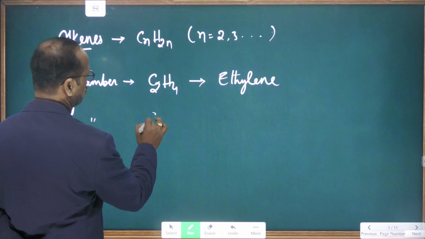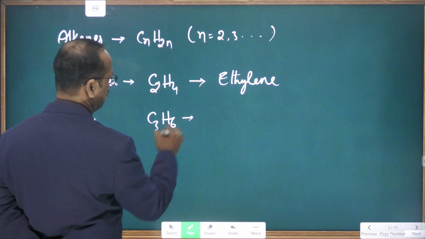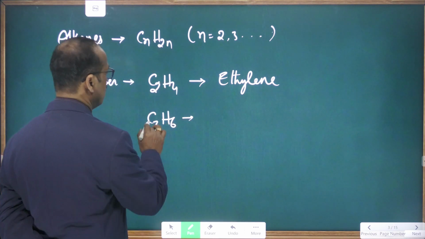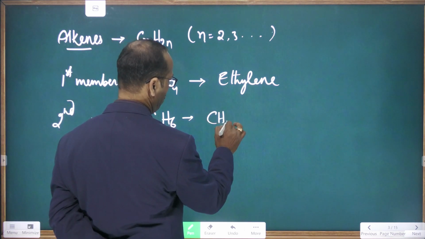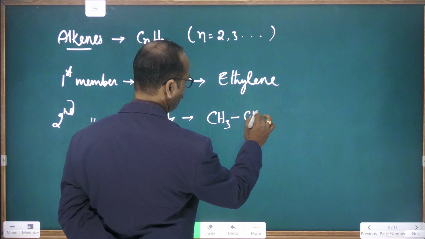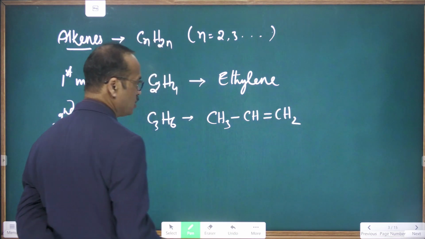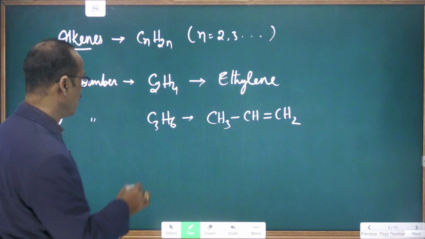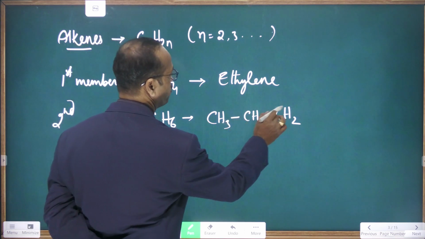So C3, 2 3s are 6, H6. So can I write it like this with 3 carbons: CH3, next CH, double bond, CH2? How many carbons are there? 3. How many hydrogens? 3 plus 1, 4 plus 2, 6.